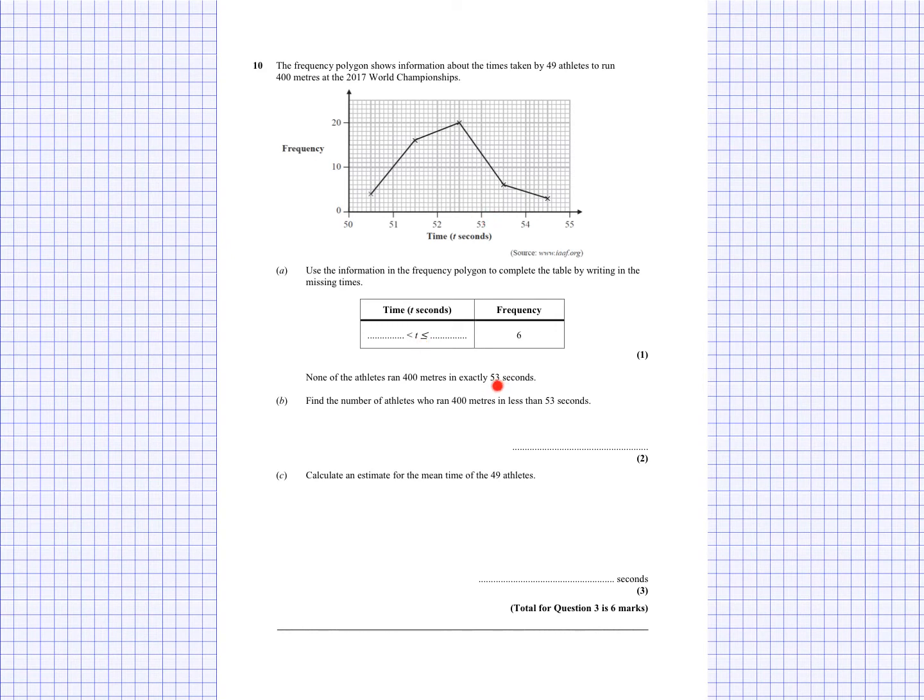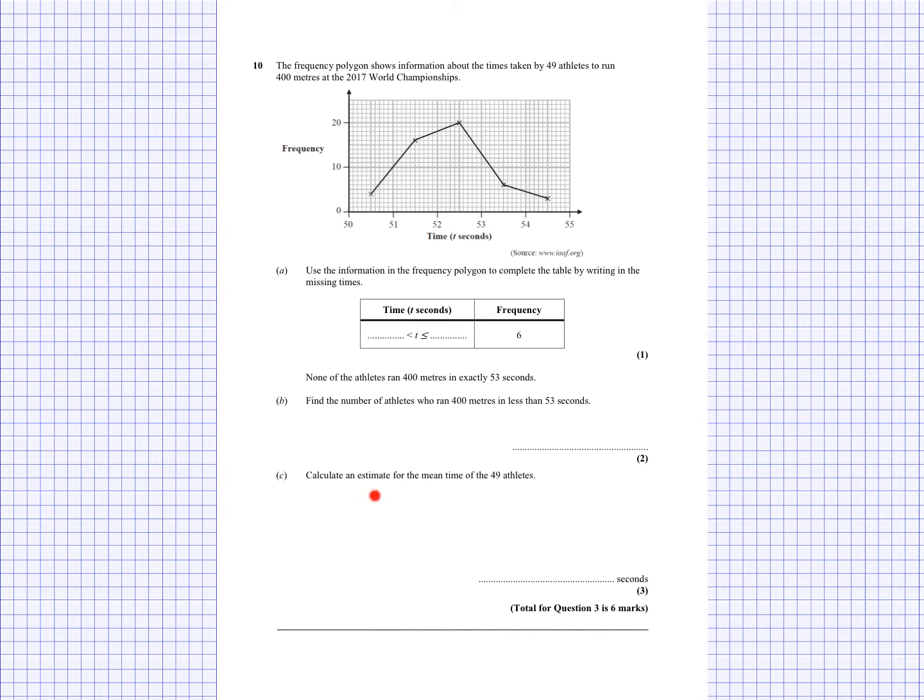And they just told us that 53, we don't need to worry about 53. We can just take that frequency and say it's all less than 53. So it will be all of these people, whatever the frequency there, all of these people and all of these people. So you're going to have to add up the frequencies of those.